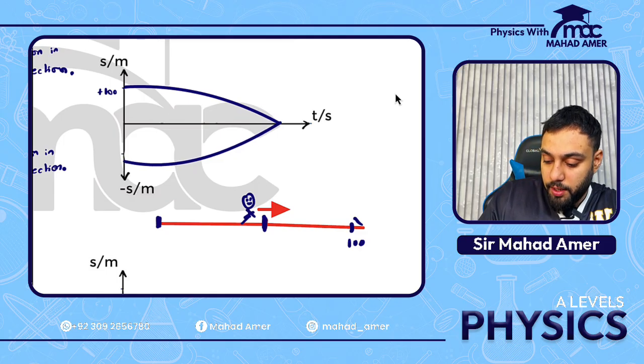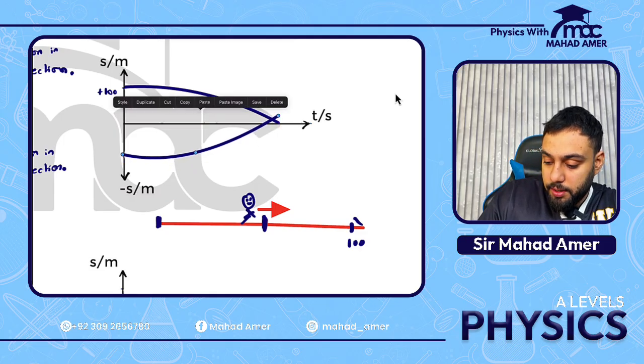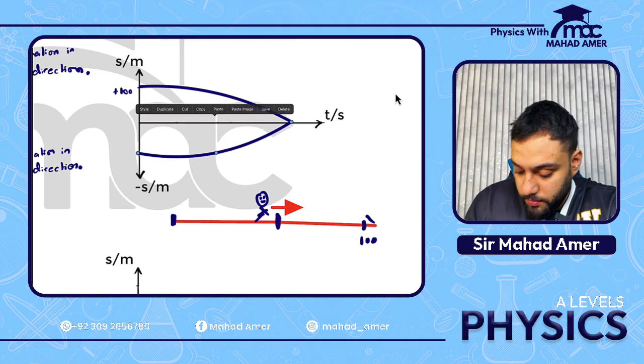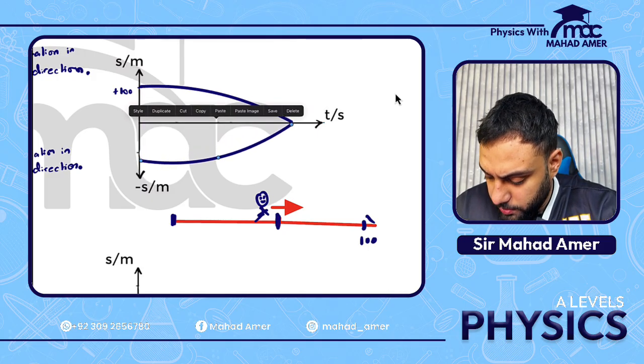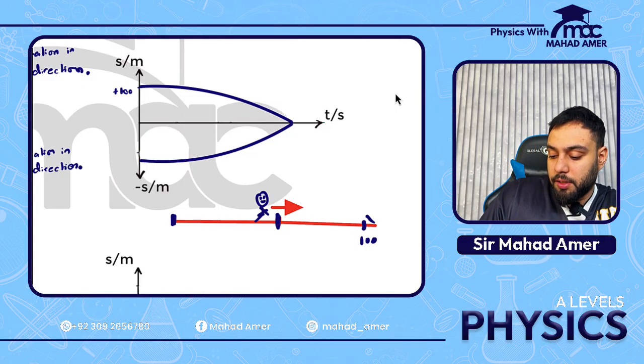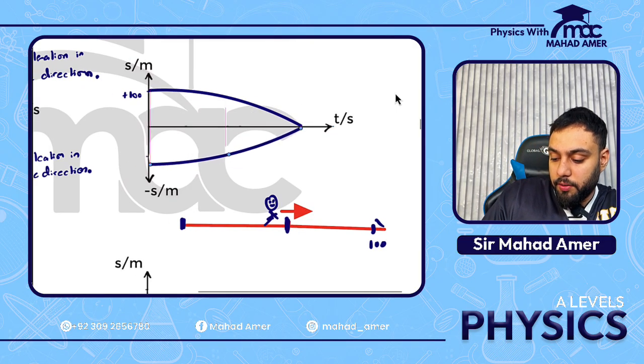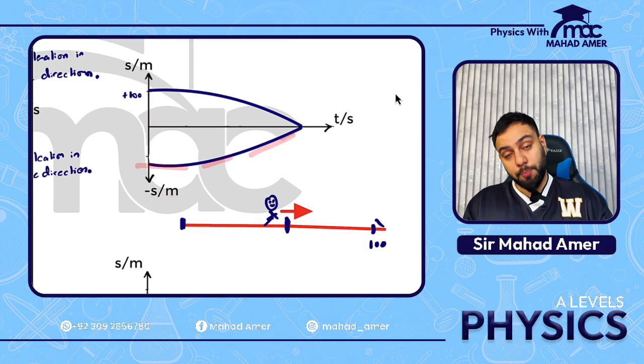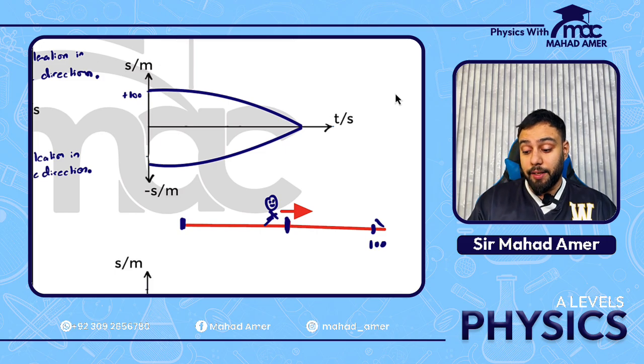So in this scenario, you can observe that initially it starts from rest, the gradient is 0, and then you can clearly observe that the gradient is increasing. The graph is getting steeper with a positively increasing gradient. That means it's moving to the right, starting from rest and accelerating.